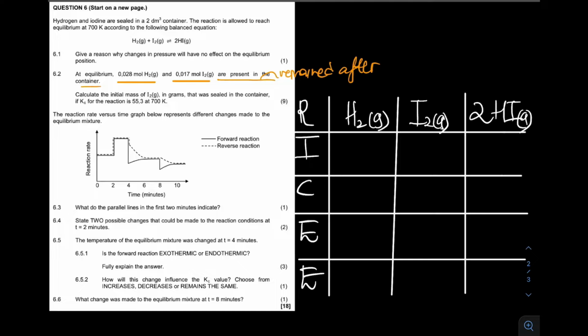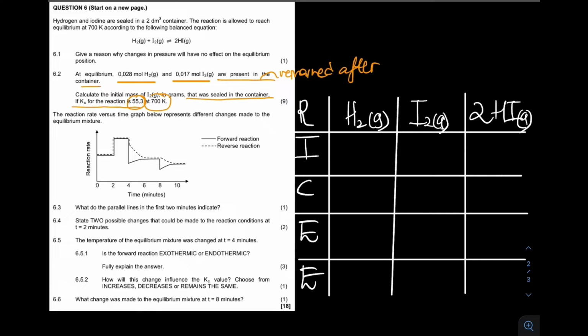So that's an excess, in other words. The question says calculate the initial mass of iodine gas in grams that was sealed in the container if Kc is 55.3 at 700 Kelvin.